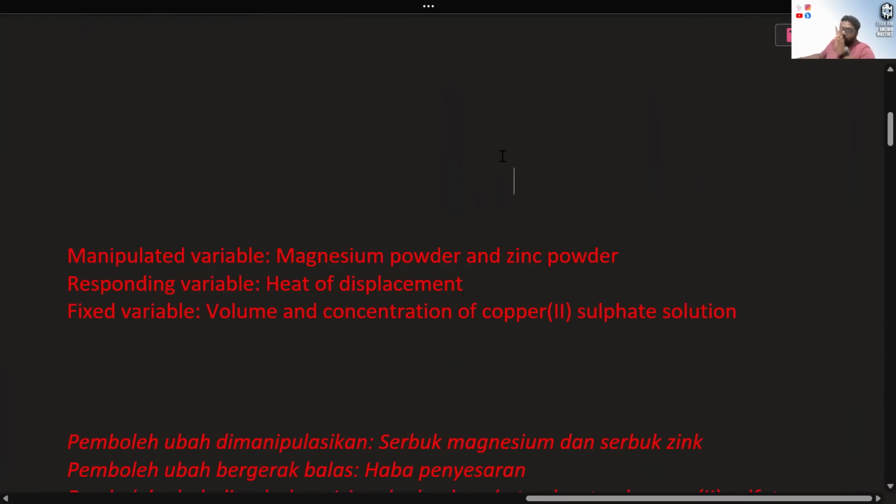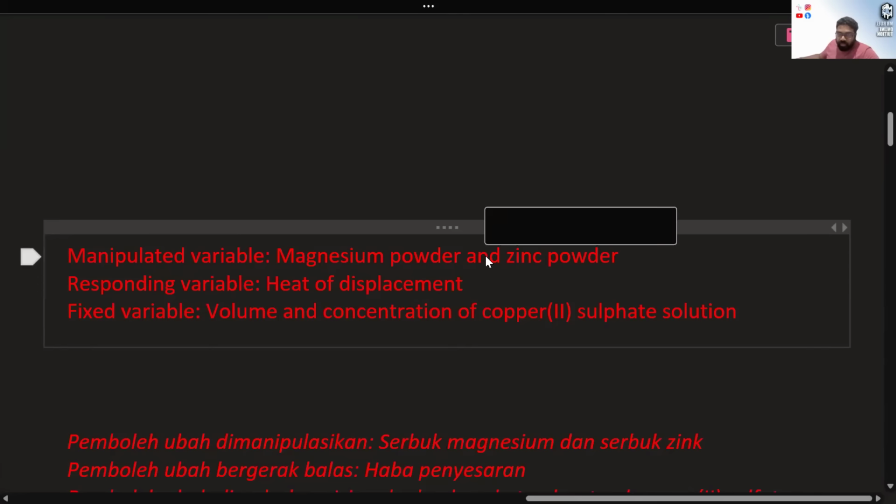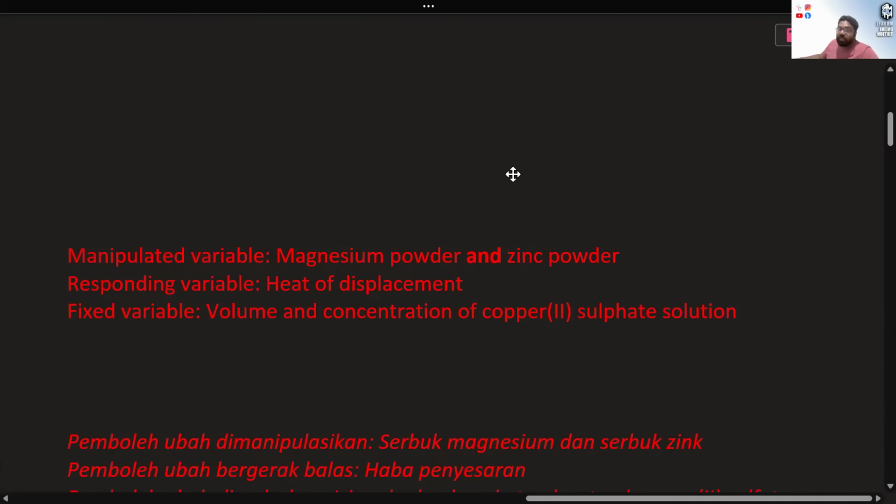You can write both, or if there's more than two, write everything. The most important thing is you have to use 'and'. Don't use 'or'. In this case, first we're using magnesium, then we are switching with zinc, so you can say magnesium powder and zinc powder as the manipulated variable, no problem.